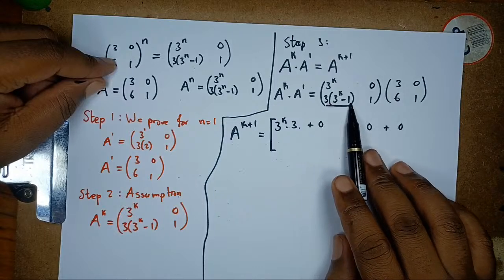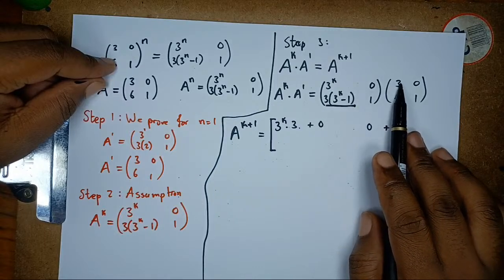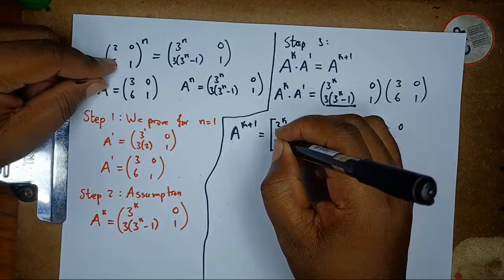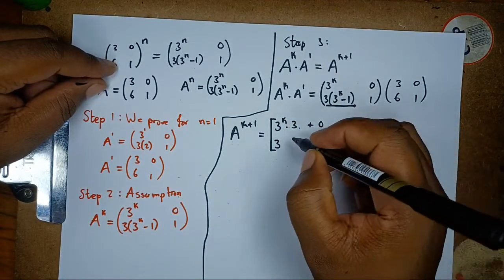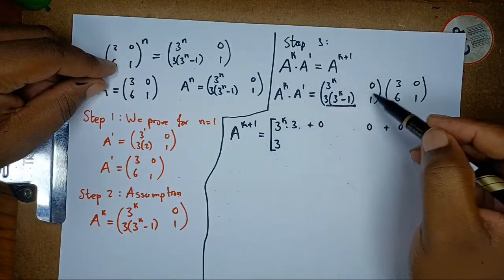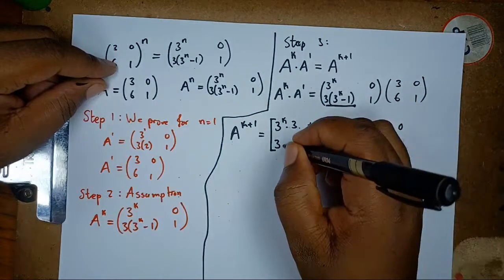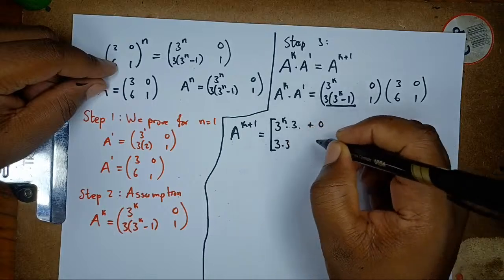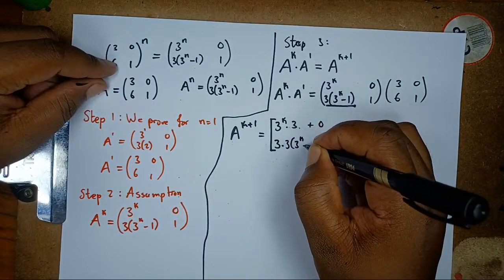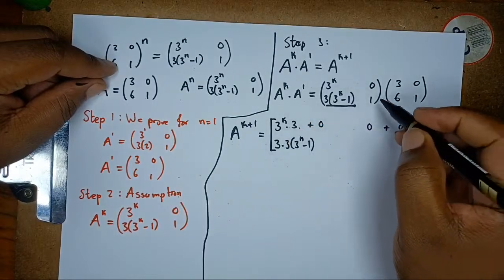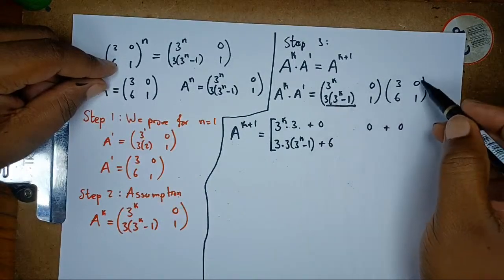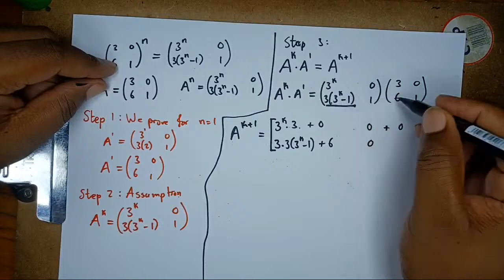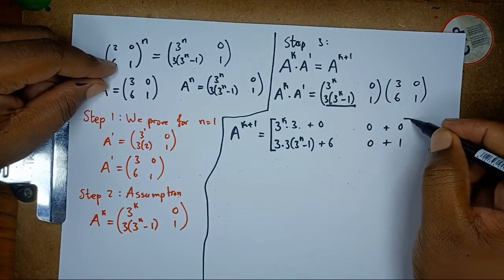This part that you see here, we'll multiply it with 3. What do we get? We'll get 3. What do we have? This part and that part. Okay, that's fine. So 3 times 3, open bracket, 3 to the k minus 1 equals 1 times 6, that is 6. This part times 0, that is 0. 1 times 1, that is 1.